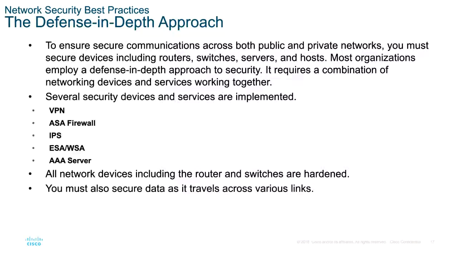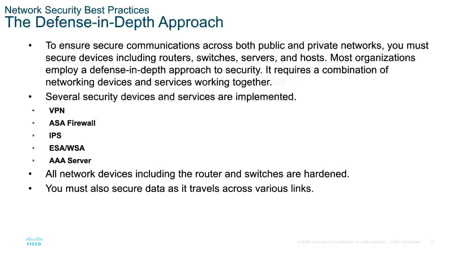So what devices allow us to do this? VPNs allow us to encrypt communication between devices. Our adaptive security appliances allow us to do different firewalls and different functionalities within a single device a lot of times. Intrusion prevention systems, or the older intrusion detection systems: the difference between them is that the detection system will only set off an alarm.